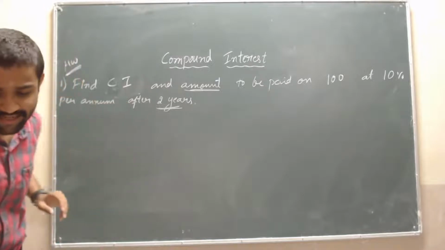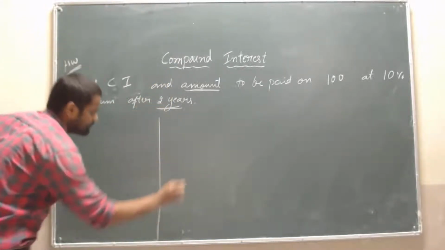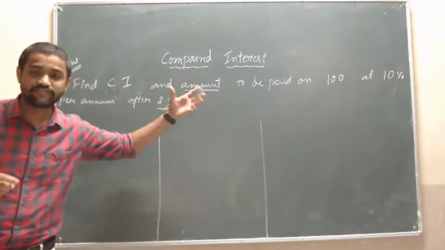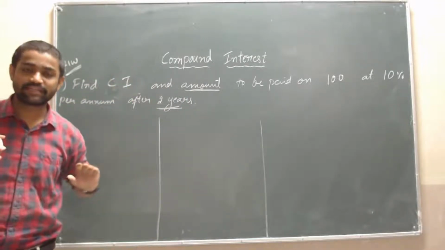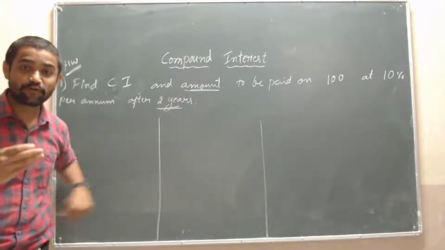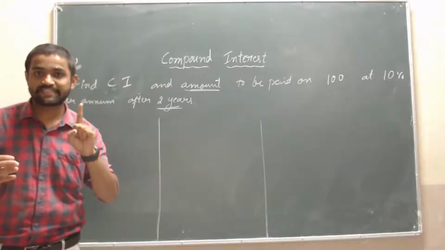How is it? I will explain with the formula of simple interest only. Then you will get a clear idea on compound interest. To find compound interest, first we have to find the simple interest per annum, for the first annum.